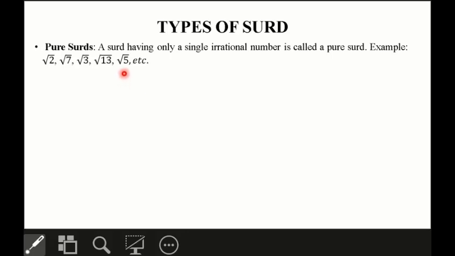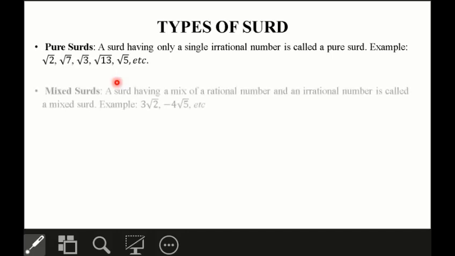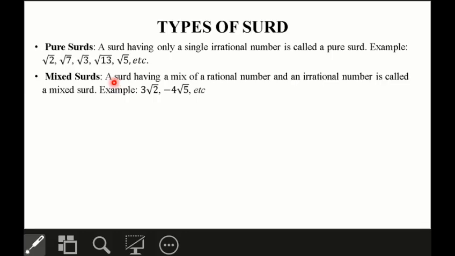Right? Good. That means that a number cannot be expressed as a multiple of two numbers. So we term it as what? A pure set. Good. Our 2, we have something we call a mixed set. A set having a mix of a rational number and an irrational number is called a mixed what? Set.